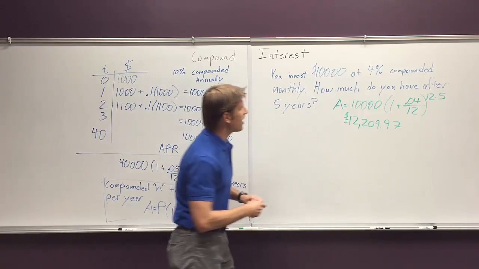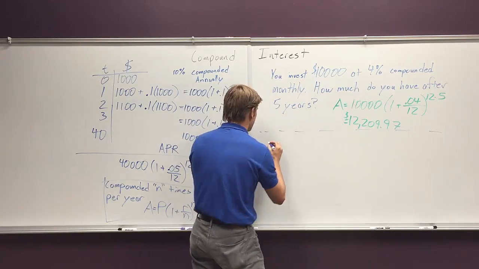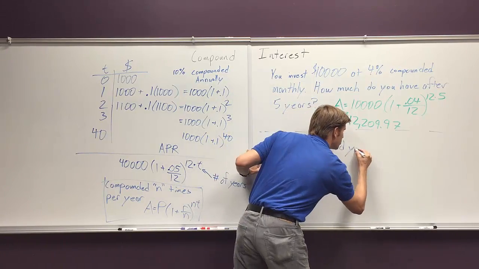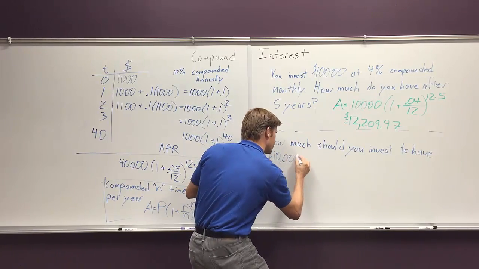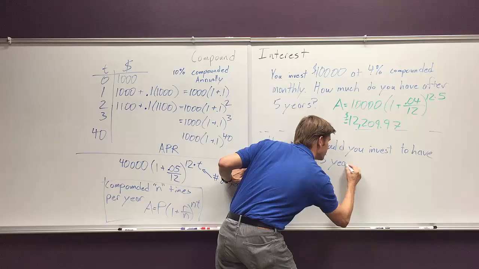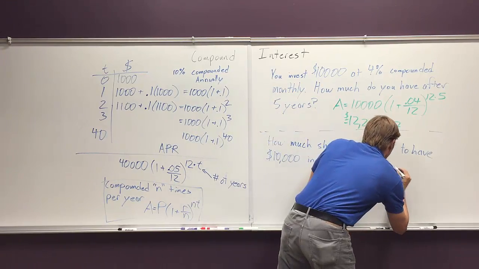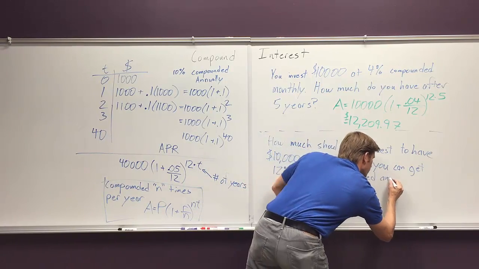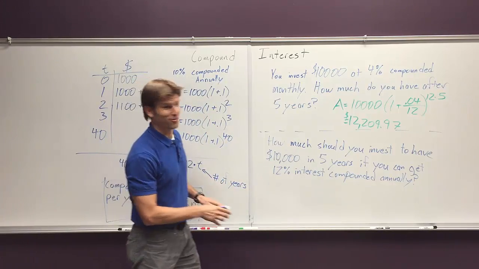Okay, let's ask a slightly different question. Let's say, how much money do you have to invest to have $10,000 in 5 years if you can get 12% interest compounded annually? By the way, if you can get 12% interest compounded annually, you should jump on that.